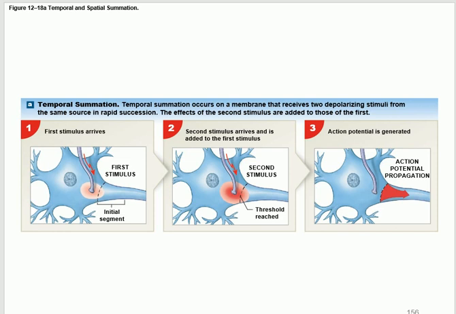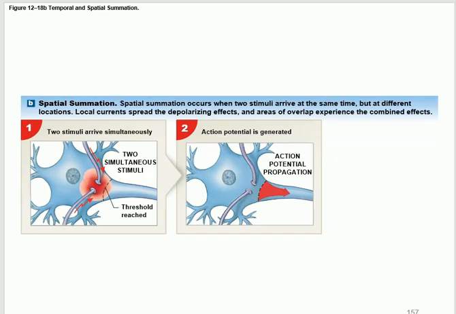Look at this picture here. Which one is this? Temporal or spatial? You give a signal here, you give a signal here. It's in the same spot, it's one. This is temporal. You do it once, you do it twice, it gets stronger.